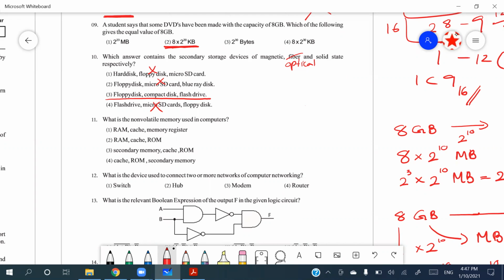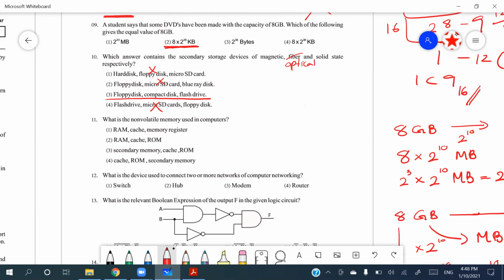In the 11th, they are talking about what is the non-volatile memory used in computers. So non-volatile means that with or without the power, the device has the ability to keep the memory inside it, right? In the other words, volatile means when the power is given, they will memorize.